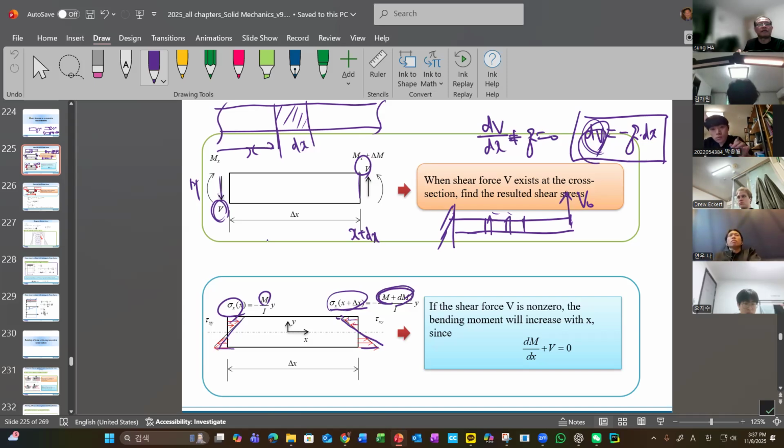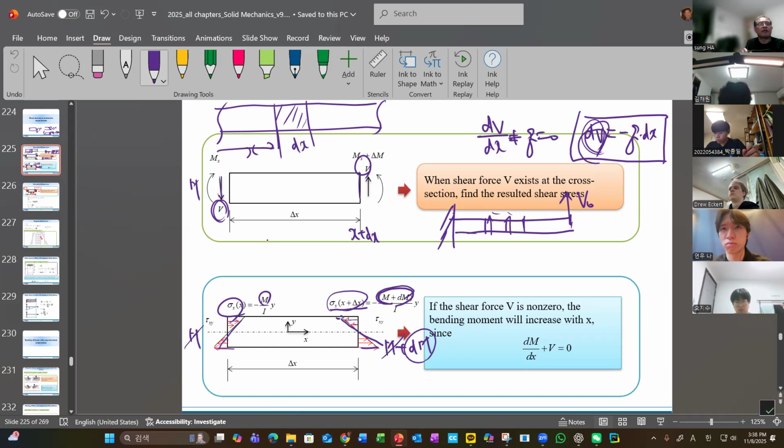This is the case, and we need to know that this moment, equilibrium-wise, this is the moment, and this is the moment plus dM, and this dM disappears.